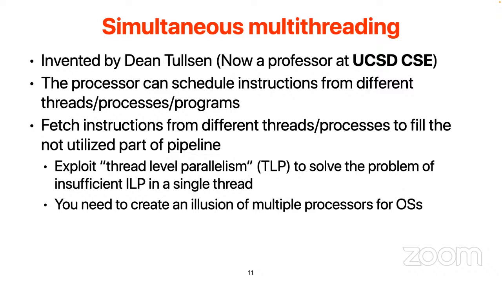Now I want to extend the processor in a way that I can fetch instructions from different threads or processes to fill the pipeline. So you can think of this processor as having the capability to execute instructions from multiple threads at the same time.